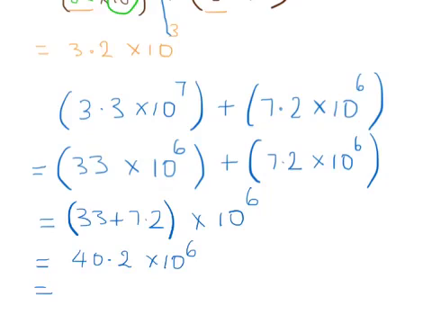And I say to myself, is that a number in standard form? No, it's not. I must move that to the left. So that's 4.02 times 10 to the 7. So remember, how do I know it's times 10 to the 7? Well, I have reduced this number to go from 40 to 4, and therefore I must increase this number to compensate.